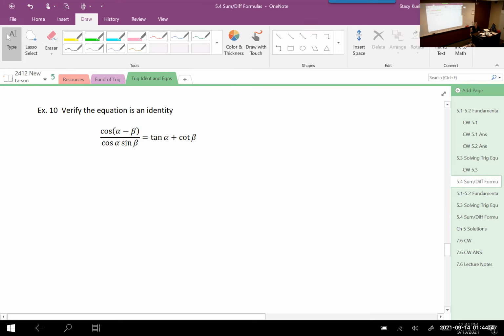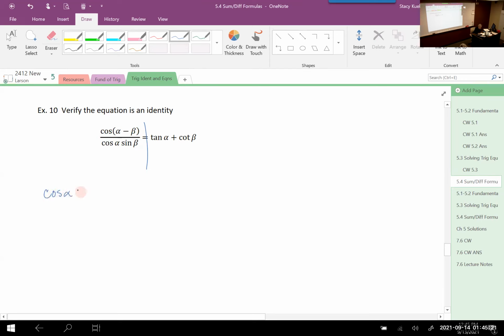So if we're practicing with the sum and difference identities here, what side do we want to start with? The left-hand side. So I'm going to apply the difference identity for cosine. What does that give me? Let's expand this out.